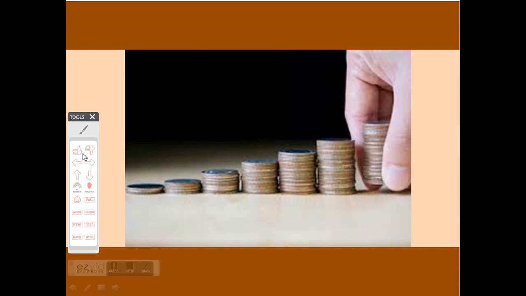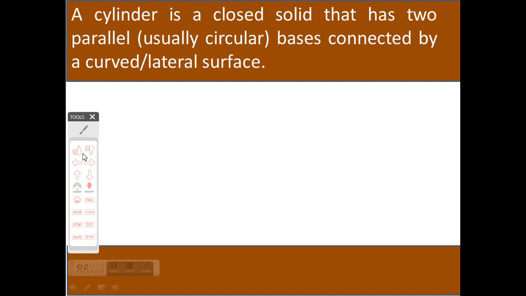Now let us discuss the definition of a cylinder. A cylinder is a closed solid that has two parallel circular bases connected by a curved surface, as shown in the diagram in figure 1.